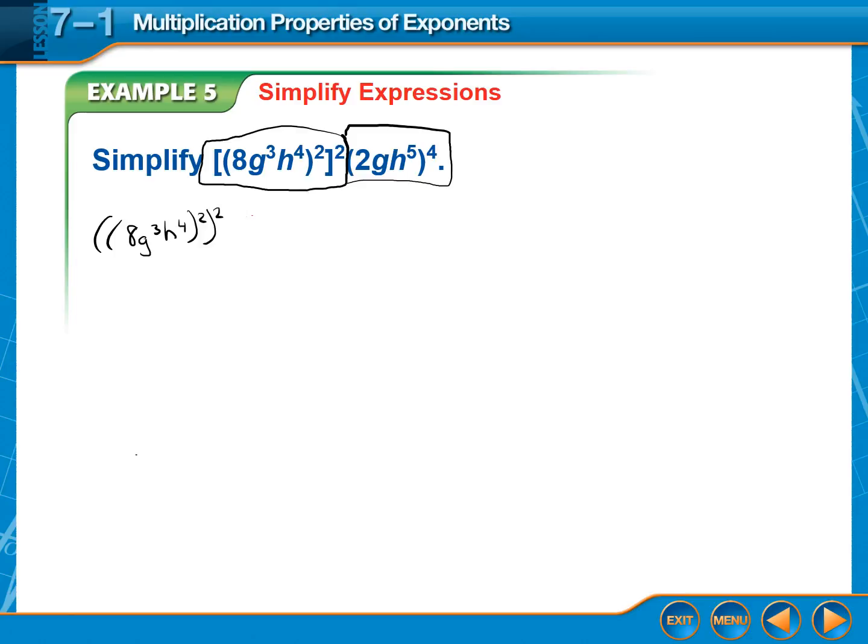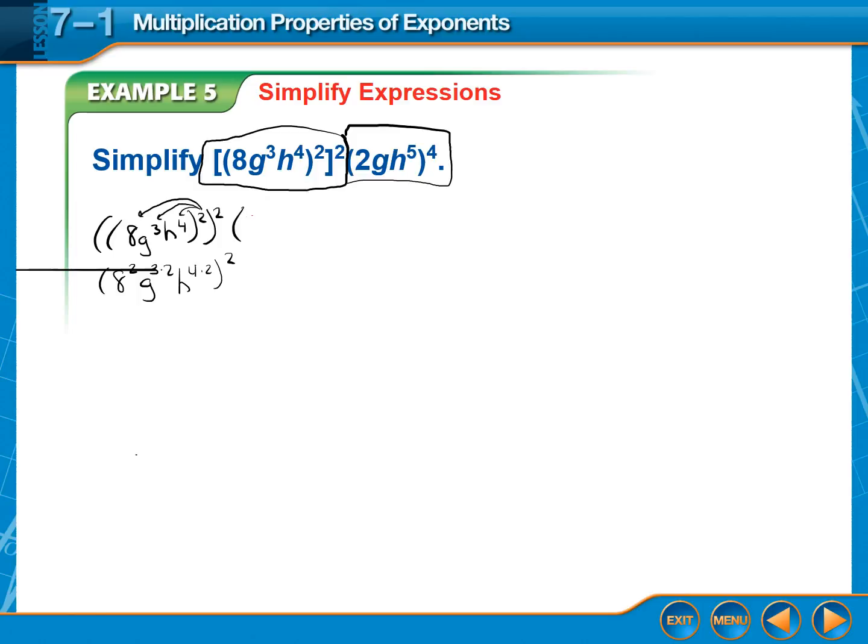So the first thing is to start with this first part here. We're taking 8g to the third h to the fourth and raising it to the power of 2. So we're going to take that 2 and we need to share it with all the parts of that product there. That's going to make this 8 squared. For g we're going to multiply 3 times 2, and for h we're going to multiply 4 times 2.